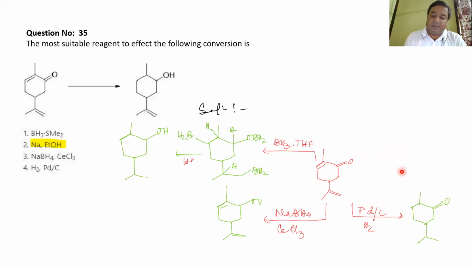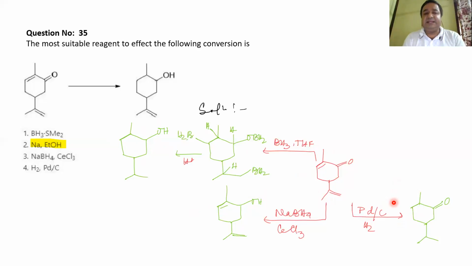Now, for Na, EtOH, none of these reagents we can see is giving us the desired product, because here all the double bonds are reduced when you use BH3.THF. Here, selectively, the C=O is being reduced and the conjugated double bond is retained. So that is also not the product. Neither will palladium charcoal with hydrogen give us the target molecule.